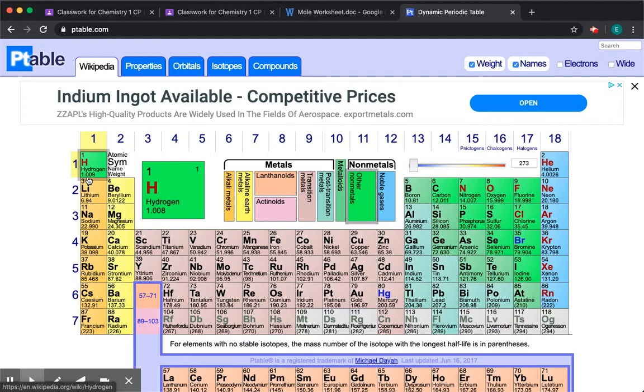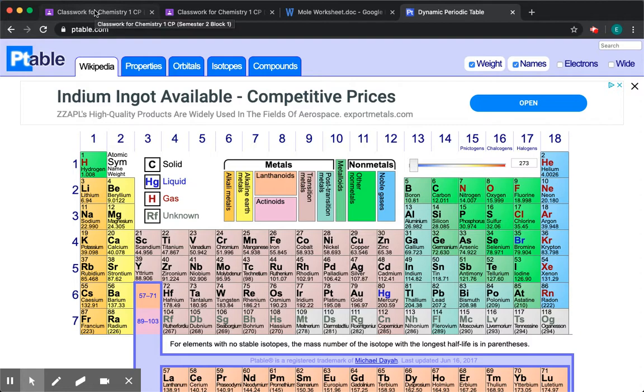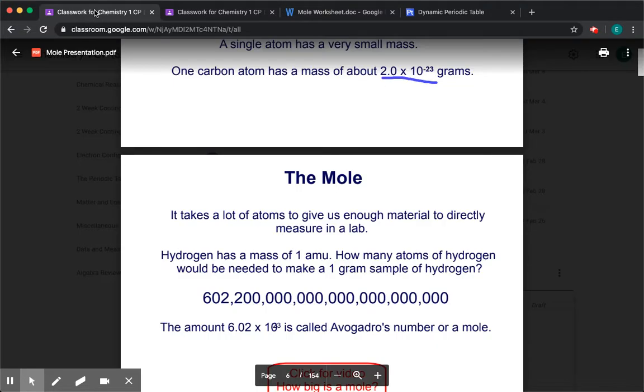The same as the atomic mass, but instead of AMU, now we're in grams. How many atoms do I need to get 1 gram of hydrogen? It turns out you need Avogadro's number worth of atoms in order to get 1 gram of hydrogen, or 1 mole. Okay, this is where the mole comes in.